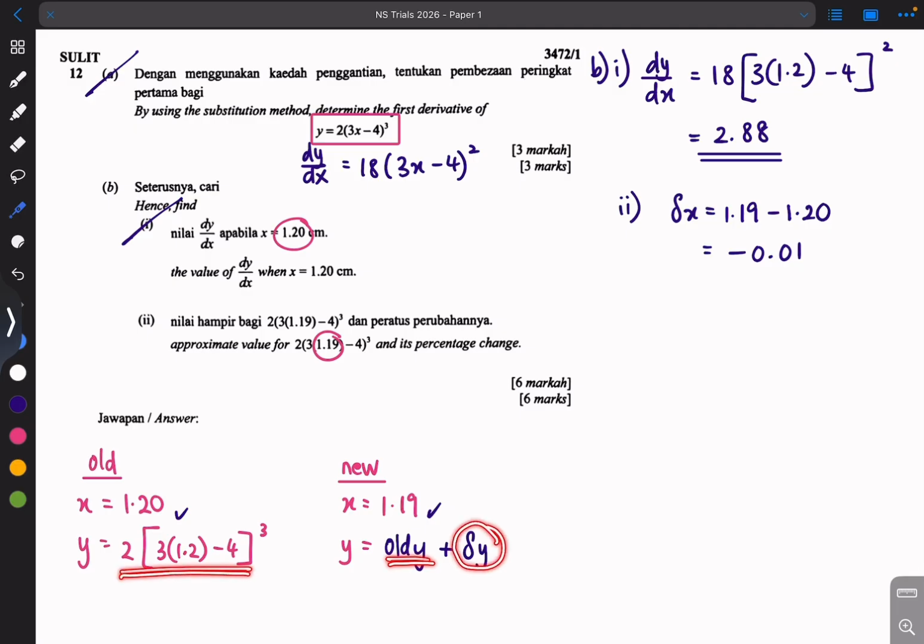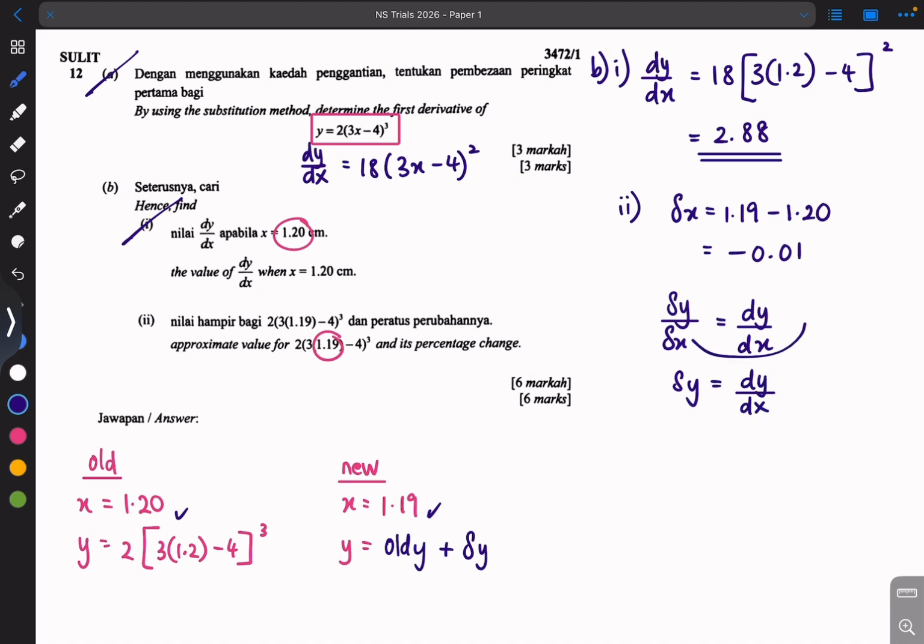You need to find delta y first. Okay, so the formula for small changes, delta y over delta x equals to dy over dx. So delta y will be dy over dx times delta x. So earlier we already found dy dx, then we already found delta x, so you just sub it in here.